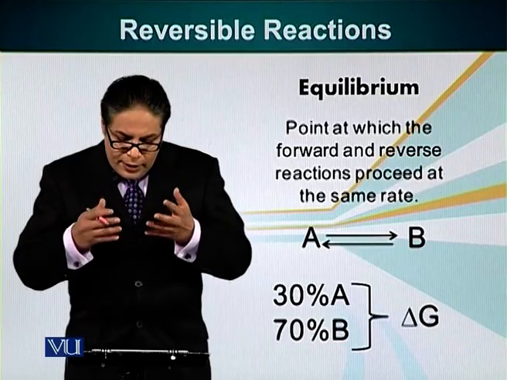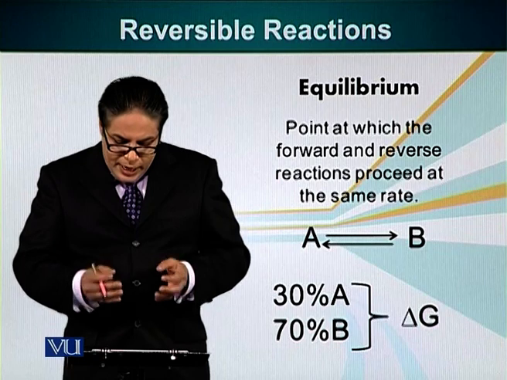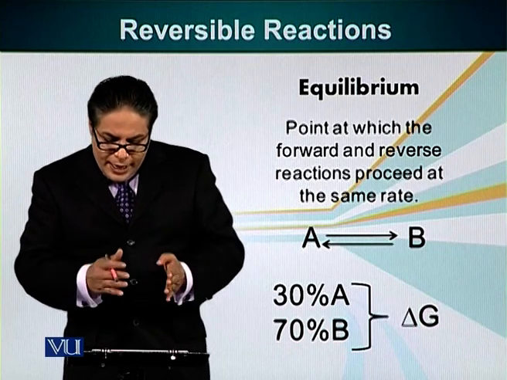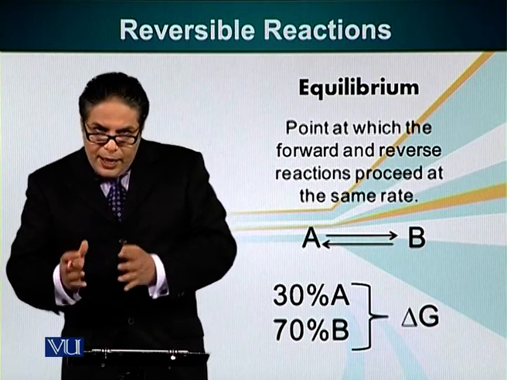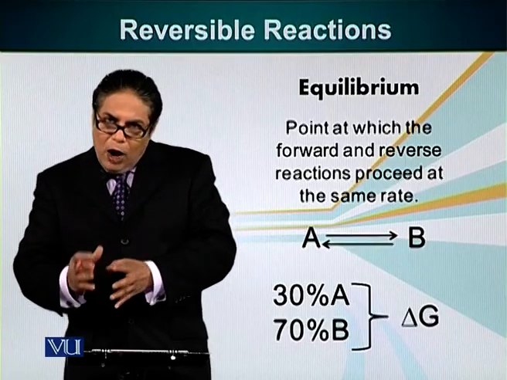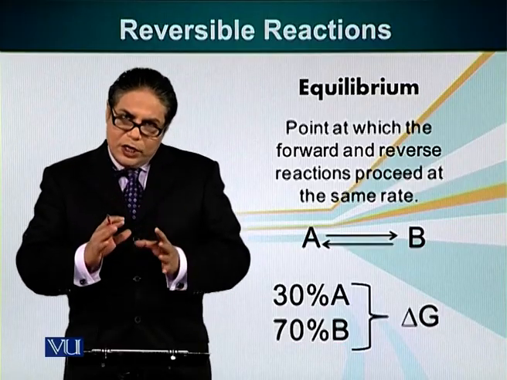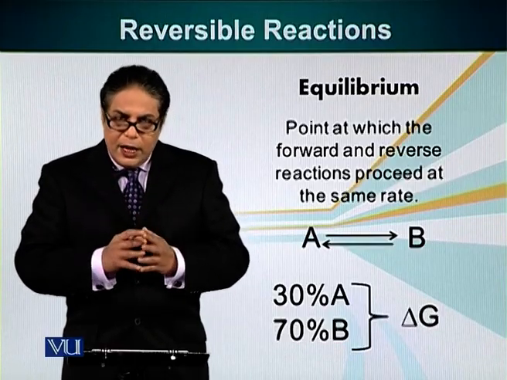Here, this process is exergonic. It is releasing energy, and A is being converted into B. How much A gets converted into B and how much B gets converted into A is a function of delta G, free energy.